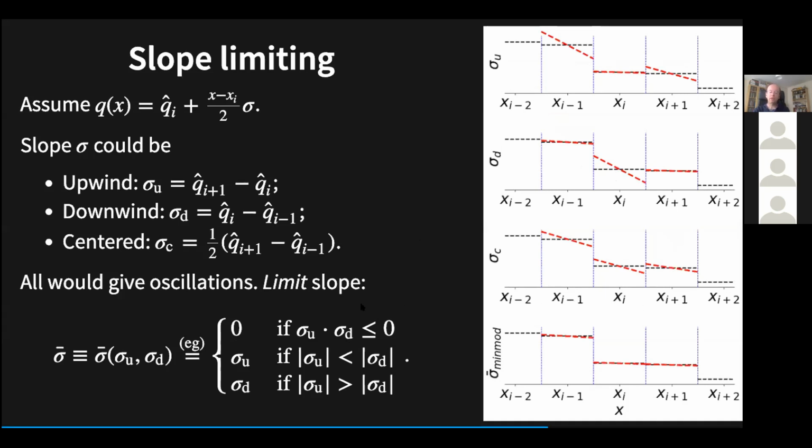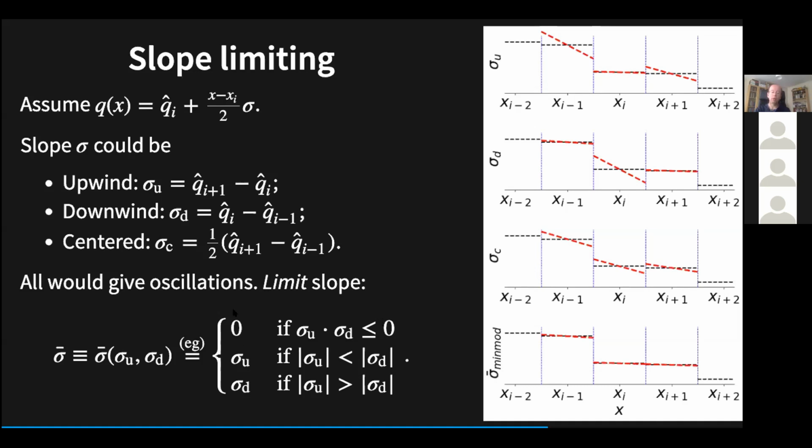The easiest thing to do is to say that, well, if the upwind and downwind slopes give different signs, then we're near some extrema, we're near some shock. And at that point, we would reduce our method to Godunov's method. We would reduce our slope to 0 so that the approximation is piecewise constant there.